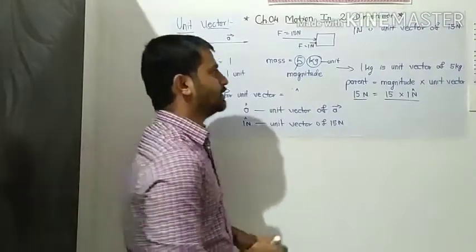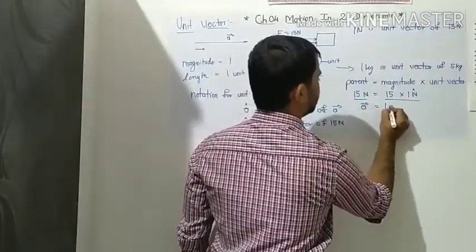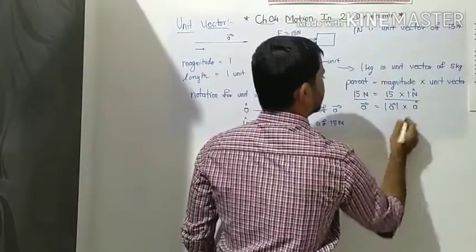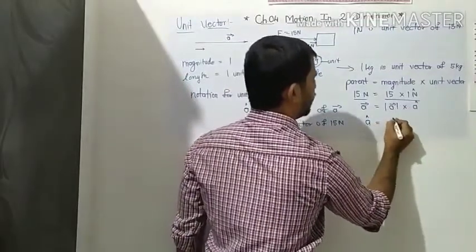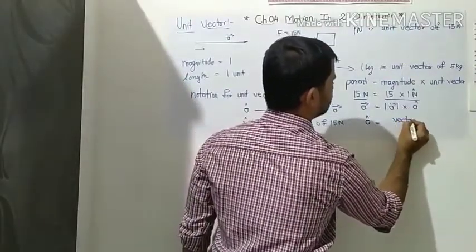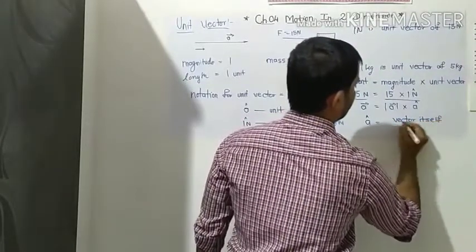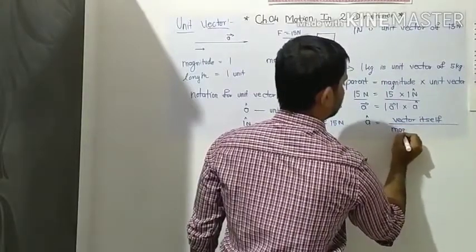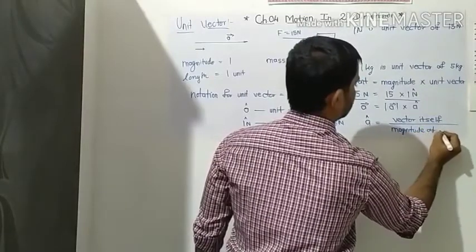unit vector, or we can say here the parent is the vector A, its magnitude is mod of the vector A into the unit vector. Okay, so from this the unit vector is equal to the vector itself upon the magnitude of the vector.